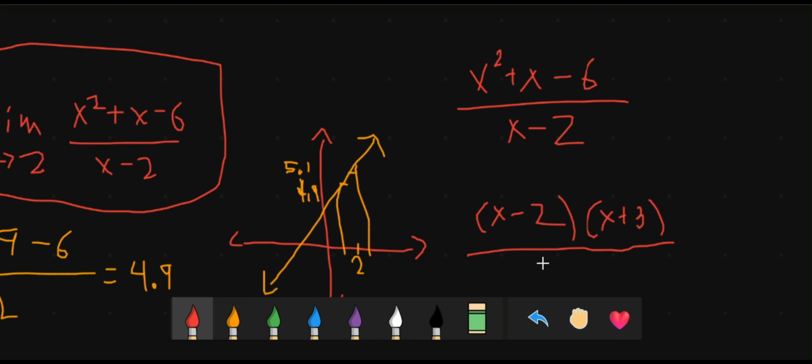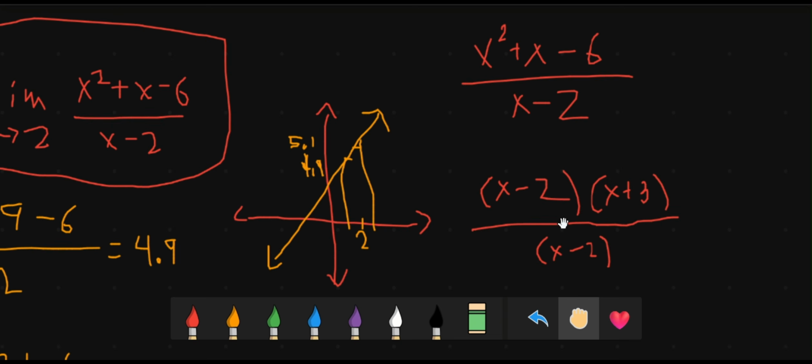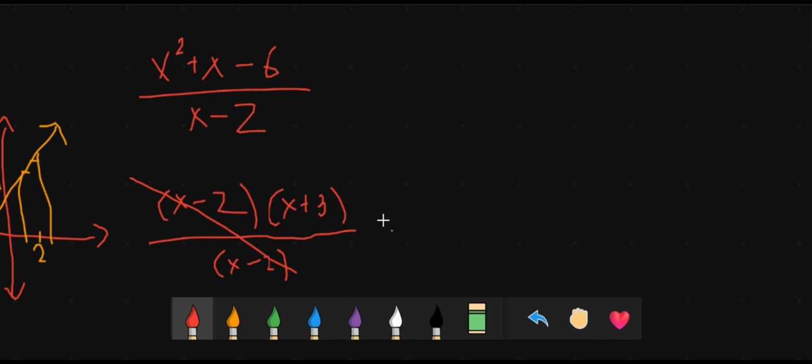And then you divide the whole thing, of course, by x minus 2. Remember, we haven't actually changed anything. All we did is factor the top part, which should not change anything at all, since this is still equivalent to this. Now watch. We can cancel out the x minus 2 and x minus 2 since they're being multiplied over here. And we can say now this is equal to x plus 3.